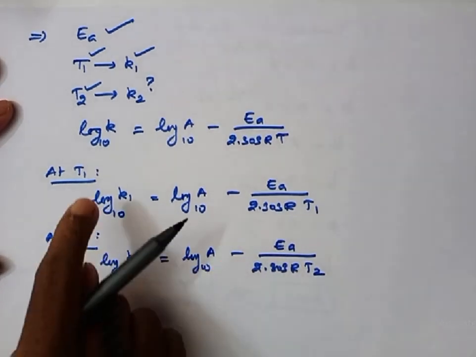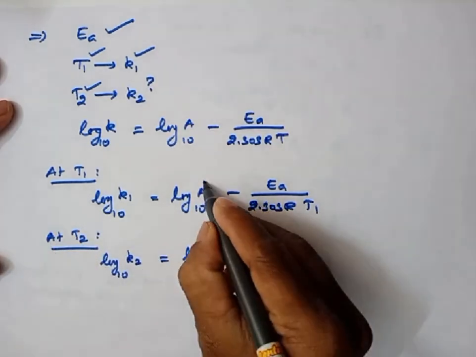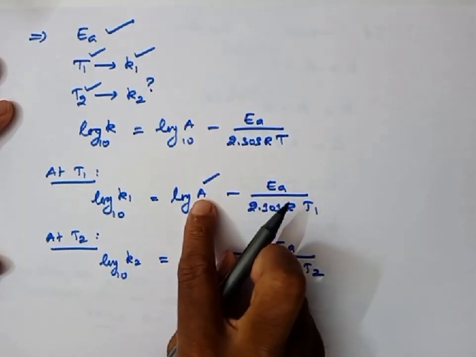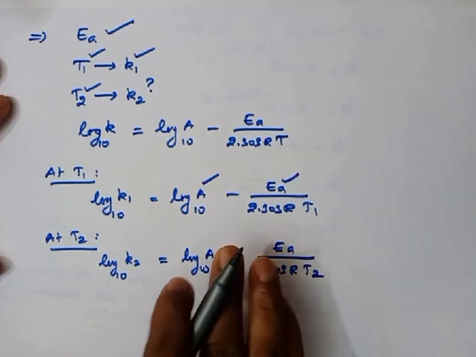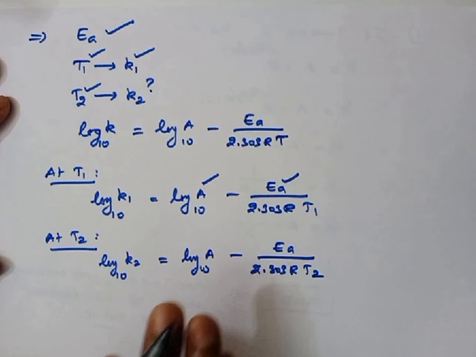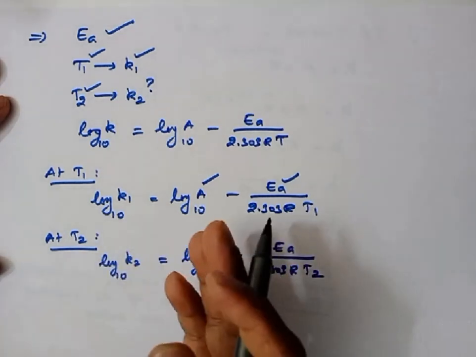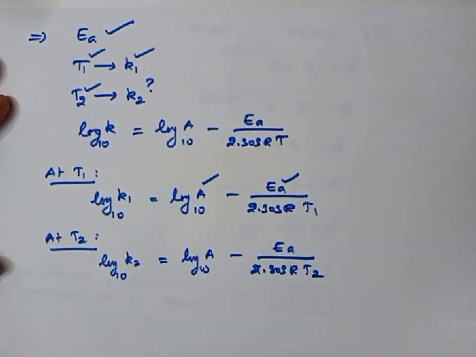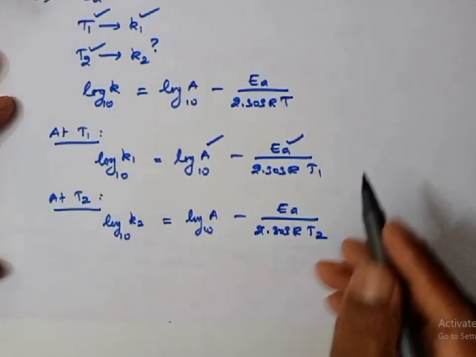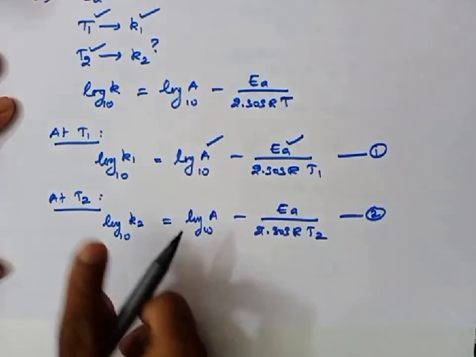Listen carefully: here we are changing the temperature, but the Arrhenius parameters A and EA remain the same. That means A and EA are independent of temperature, or otherwise, the chemical reaction we have taken is an Arrhenius reaction. I'll take this as equation 1 and this as equation 2, and subtract 1 from 2.